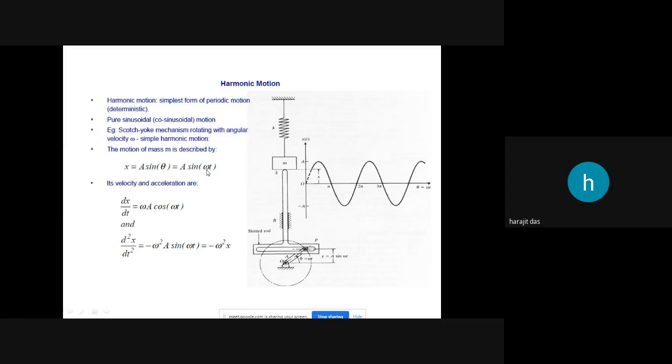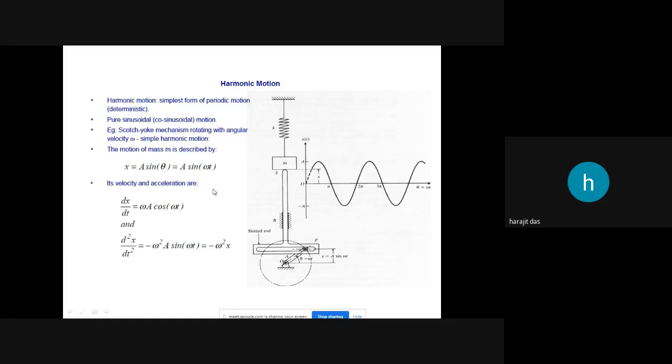Where omega is the angular frequency, small t is the instantaneous time. Capital A is the displacement of the particle or the system, so it is called the amplitude. And here x is the displacement, which is a function of time. So this is the basic representation of a sinusoidal curve, which is the simple harmonic motion equation.